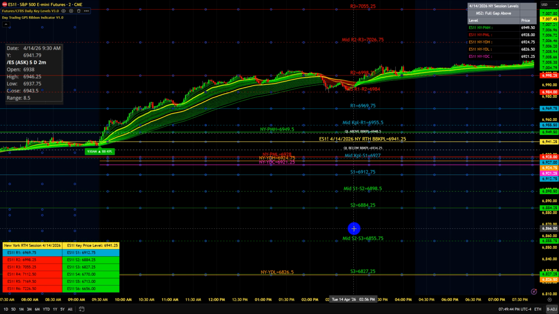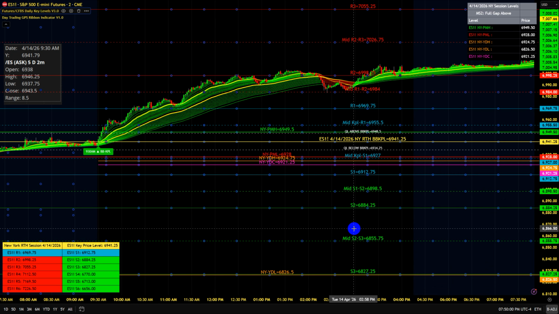But in the other 20%, you might see sessions that go above R3 or S3, and then in extreme situations such as the COVID pandemic and the 2007, 2008 meltdown, you may see it go even above R6 or below S6 in extreme volatility situations for certain periods of time. In those situations, this indicator also goes up to R10 and all the way down to S10.